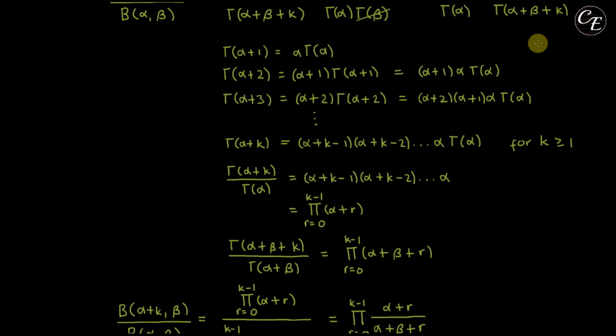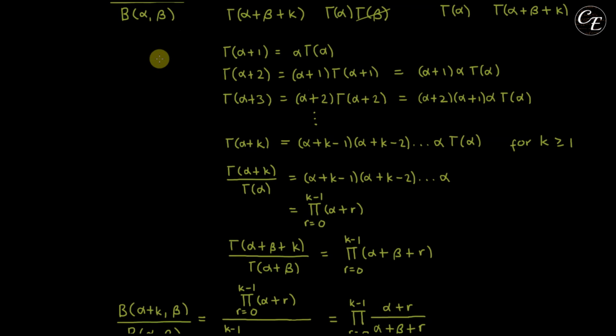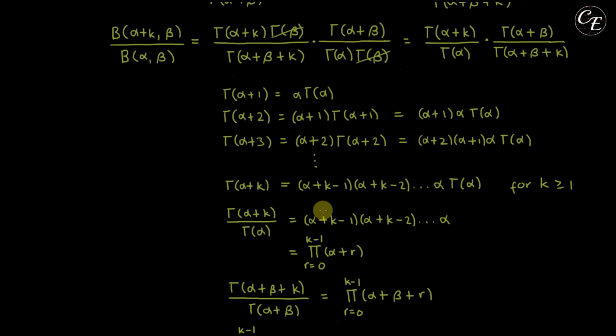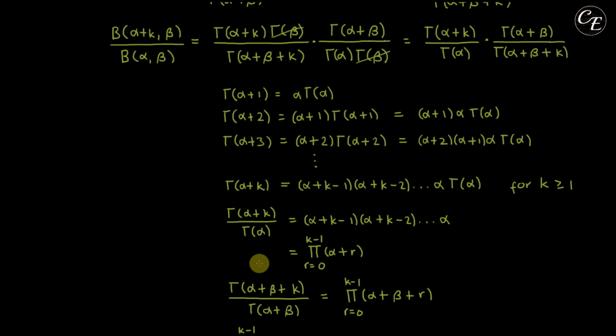So we have here, for this big beta of alpha plus k beta over big beta of alpha beta, in here, is equal to this one, which is same with this one, in here, and then this one, which is a reciprocal of this one.